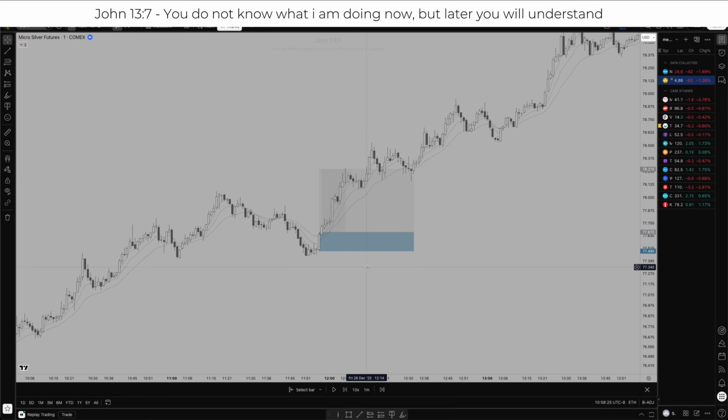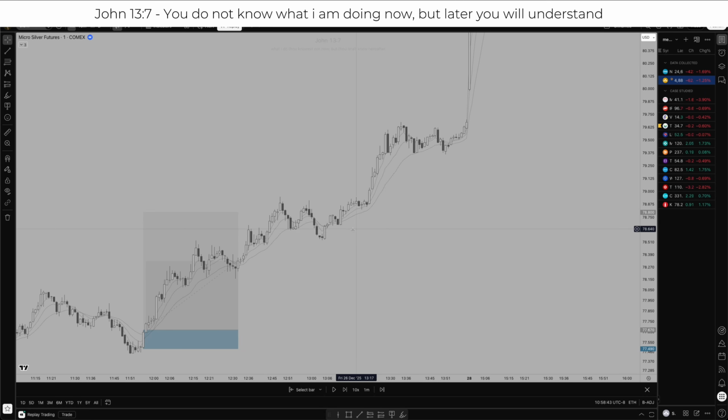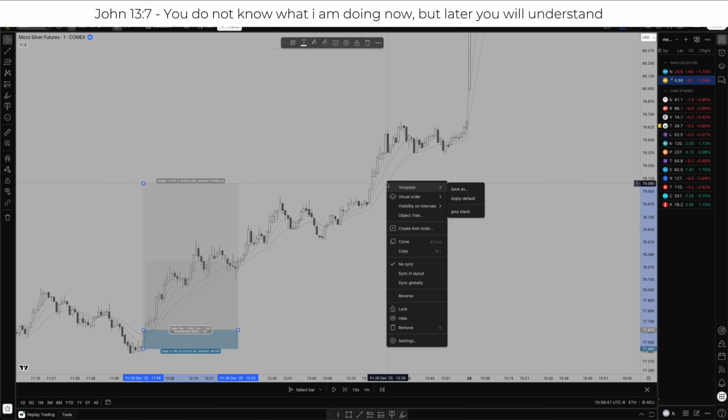Price gaps just under here. This would be right here. This would be right here. This would be under this swing. This move will be right under here. Price gaps again. This move would be around there.